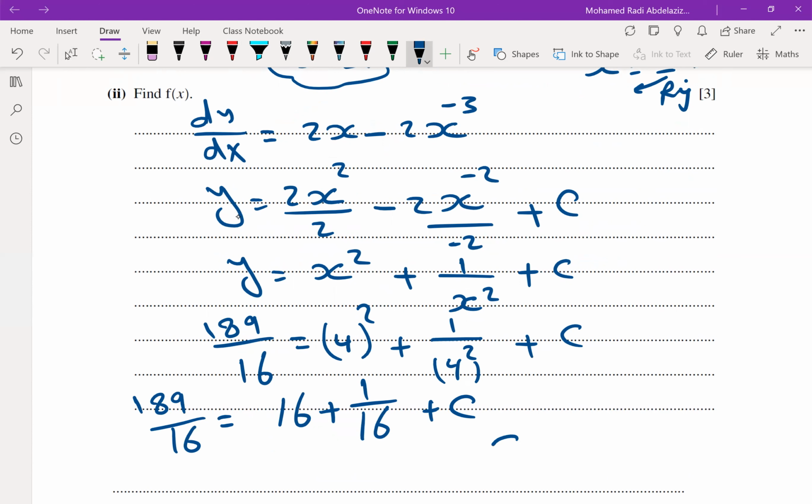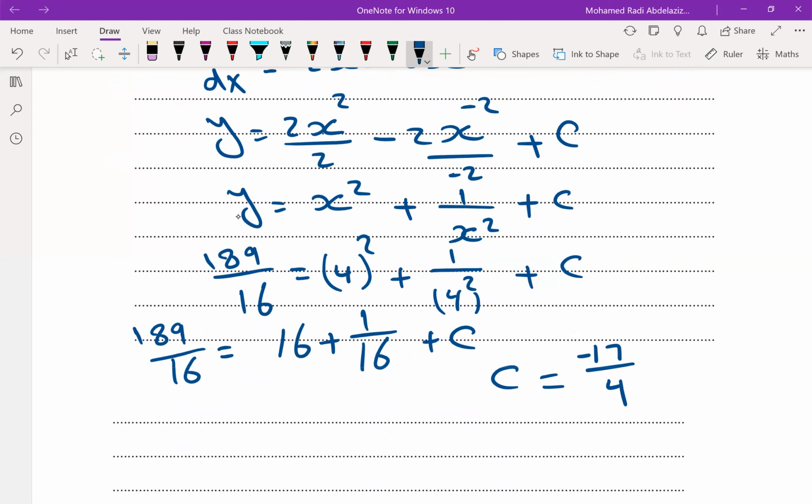Solve this equation to find the value of c. The left-hand side is 189 divided by 16 minus 16 minus 1 over 16, and simplify to get the value of c, negative 17 divided by 4. So the final answer, f of x is equal to x squared plus 1 over x squared minus 17 divided by 4.